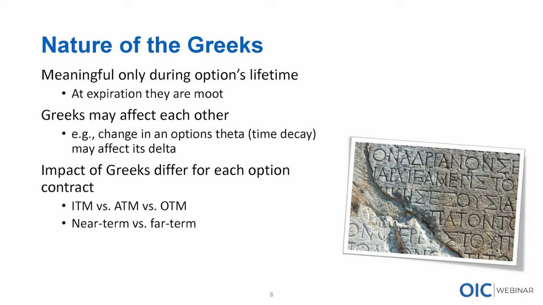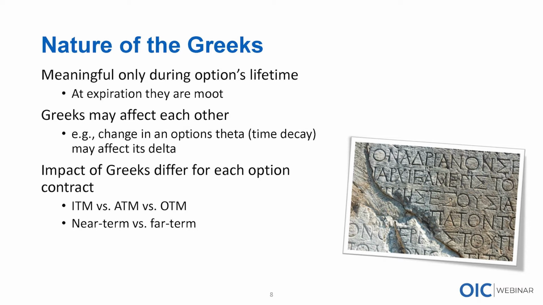Now, the Greeks themselves can have an effect on other Greeks. So for instance, an option's theta or time decay may affect its delta. As we get closer and closer to expiration, that time decay increases, which may affect the option's delta. We'll get into all the individual Greeks themselves, but just know that the Greeks can affect each other. And a change in implied volatility can also affect the option's time decay as well as its delta.